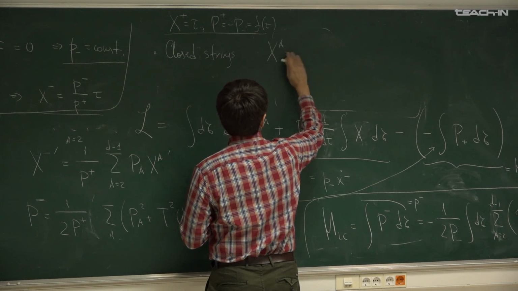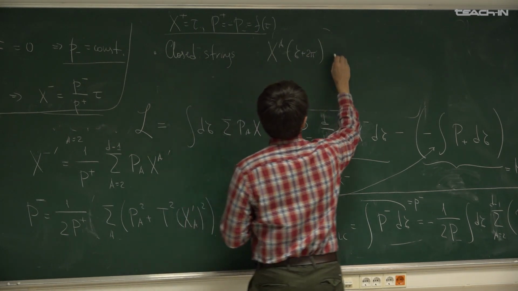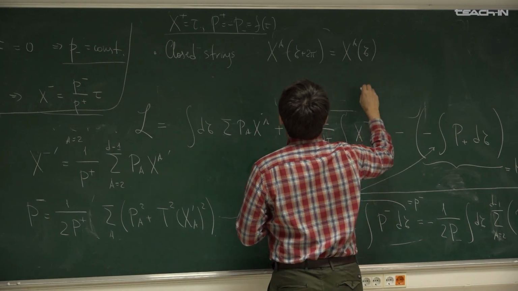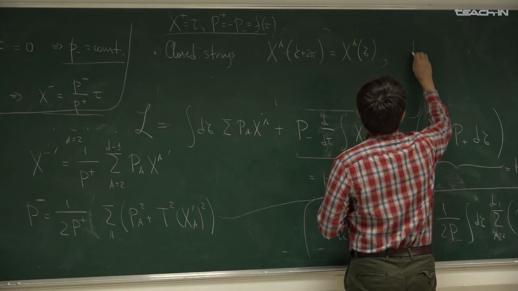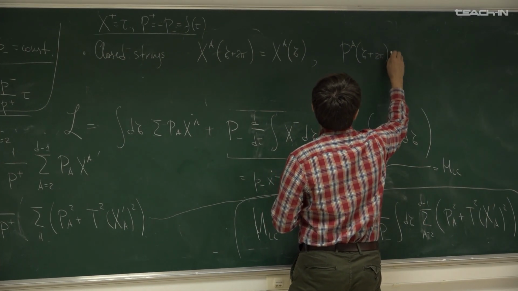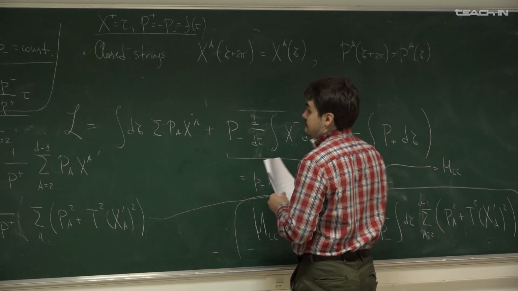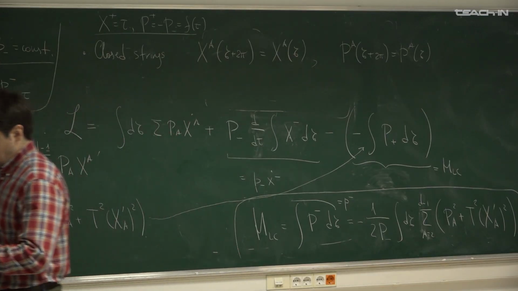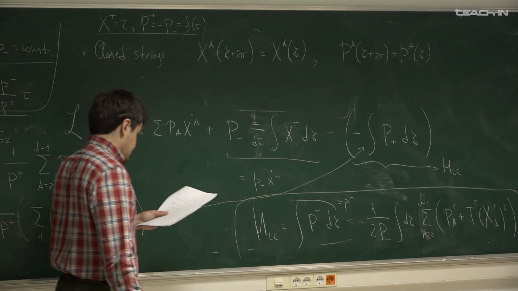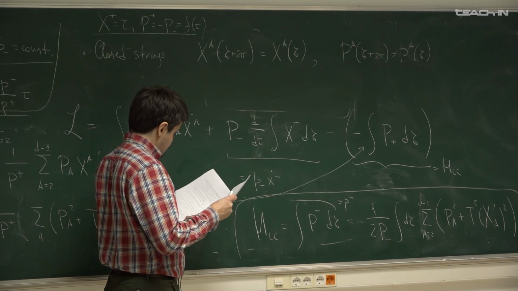X^A of sigma plus 2 pi, and P_A. So that means that we can expand in Fourier series, right?